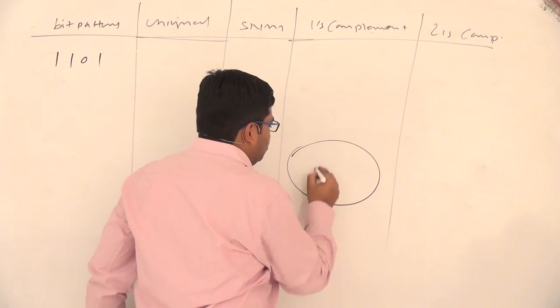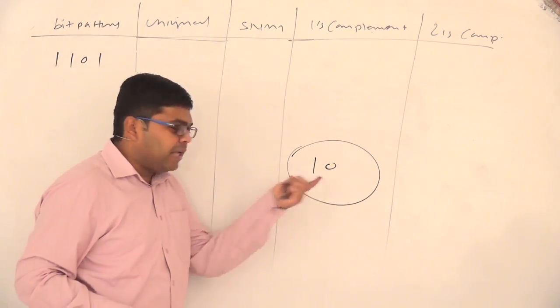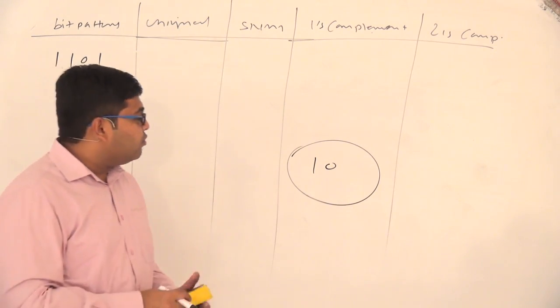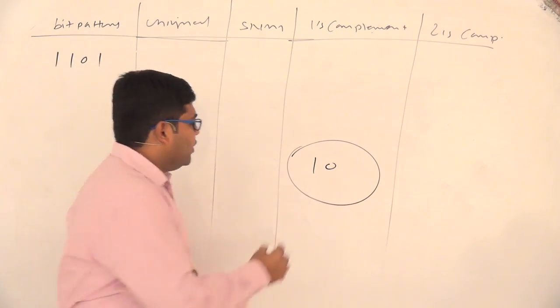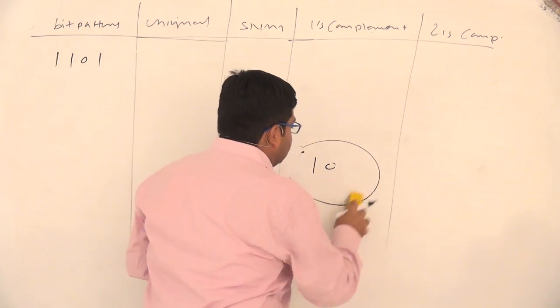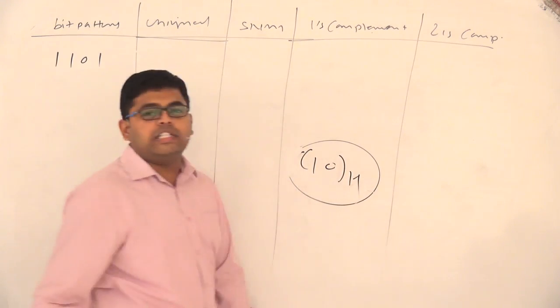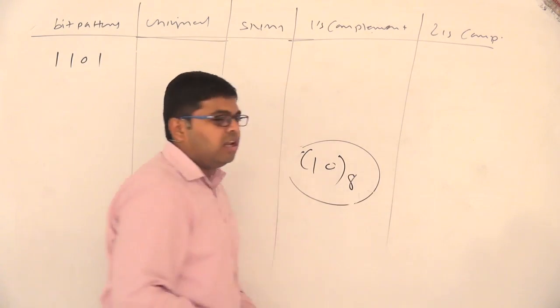If I ask you what this is, somebody may say 10 if interpreted in decimal, somebody may say 2 if interpreted in binary, somebody may say 16 if interpreted in hexadecimal, somebody may say 8 if interpreted in octal, and so on.